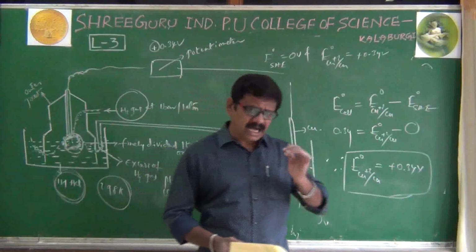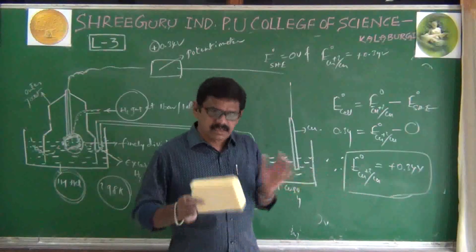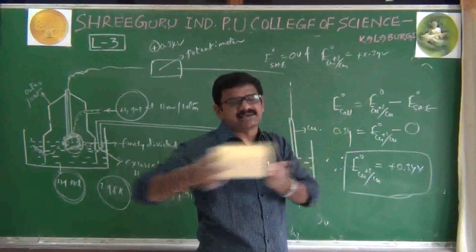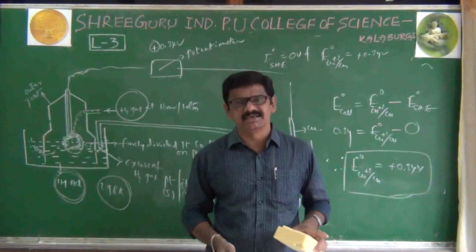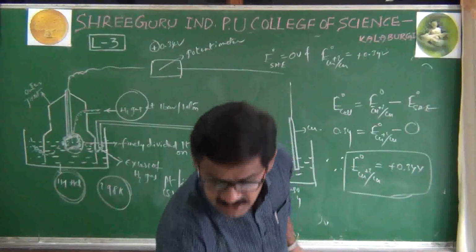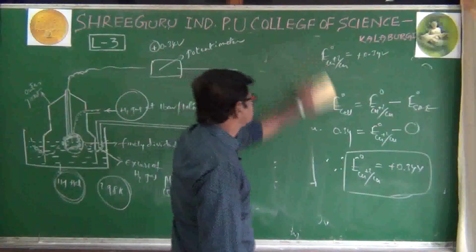Now, after calculating all these standard reduction potential values, we have to arrange all the values in a systematic manner. That is called the electrochemical series.